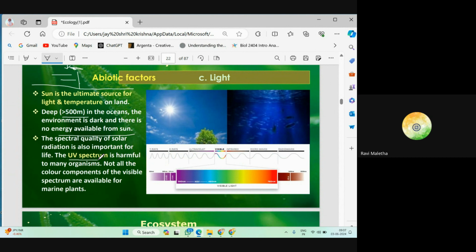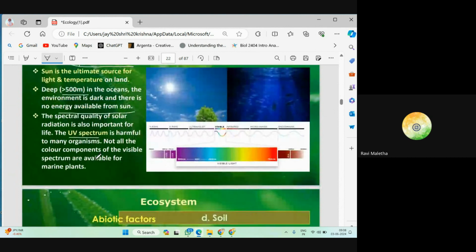It also has carcinogenic property. Carcinogenic means cancer causing; carcinoma means cancer. So UV light is a kind of carcinogenic thing, and it is also not considered good for our eye health and skin health.